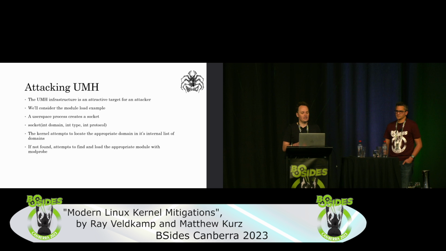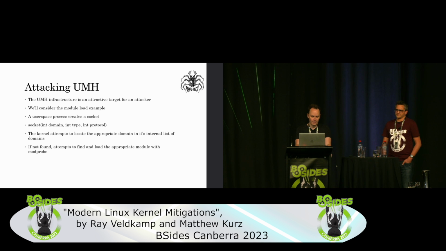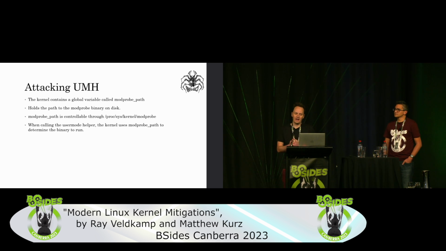If it's not, it needs to figure out whether there's a module sitting on disk that can support this particular domain. And so if it needs to go out and look on disk, it invokes modprobe to do that. The next problem we have is the kernel doesn't know where modprobe is on disk.